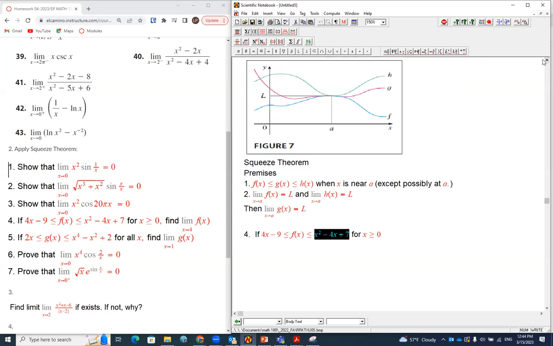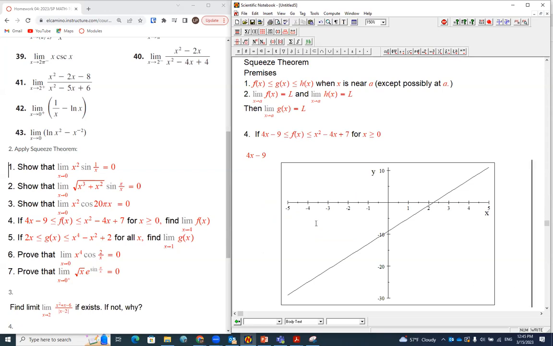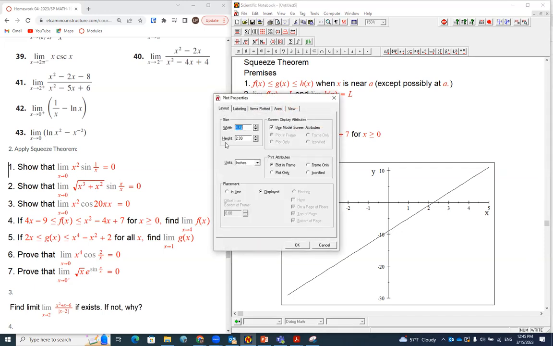I'm going to use color for these pictures. 4x minus 9, all of these are just things you analyze. You don't have to show this work, but you should know it.